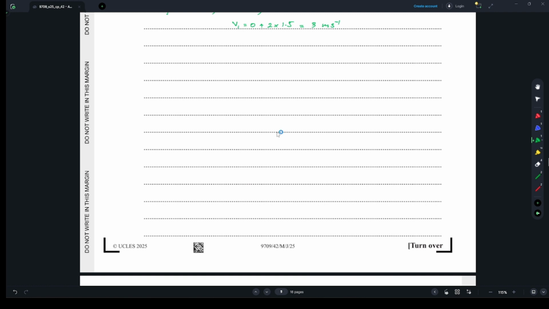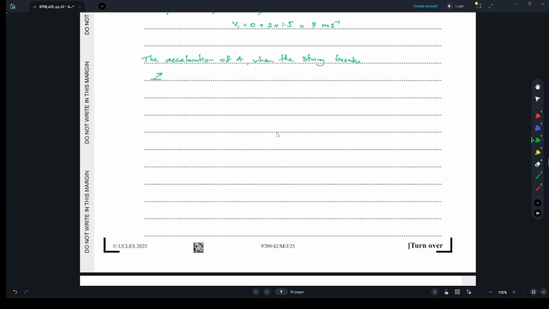Let's write the acceleration of A when the string is removed.